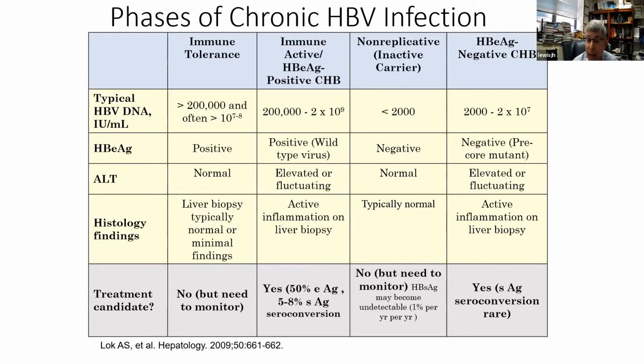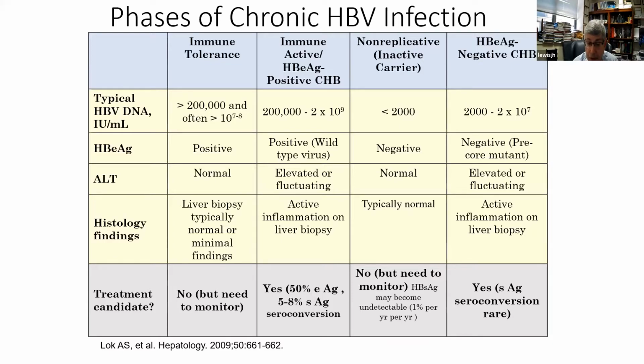The immune active, this is the e-antigen positive group, which means this is a wild type, non-mutated virus. And their enzymes are often elevated. There's obviously inflammation on biopsy. Their viral load is typically elevated, can be more than 10,000, usually less than we see with the immune tolerant group, which can be extremely high.